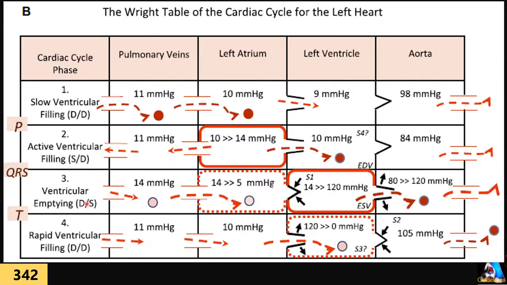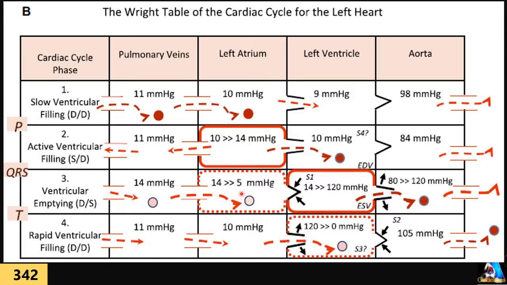With the systolic time, the ventricle is in systole and the atrium in diastole, or we call it the systolic phase of the ventricle, pressure in the pulmonary vein increased. This pressure is higher than the left atrium. So still during the systolic phase of the ventricle, blood goes from the pulmonary vein to the left atrium.